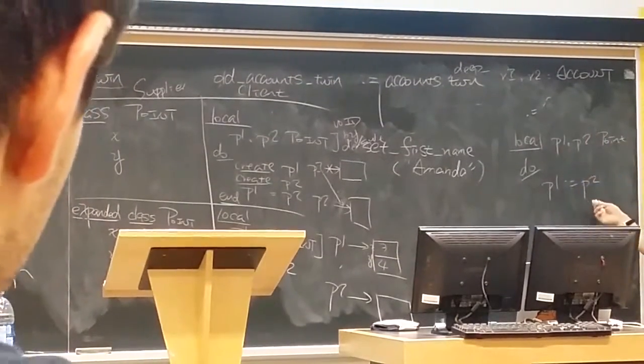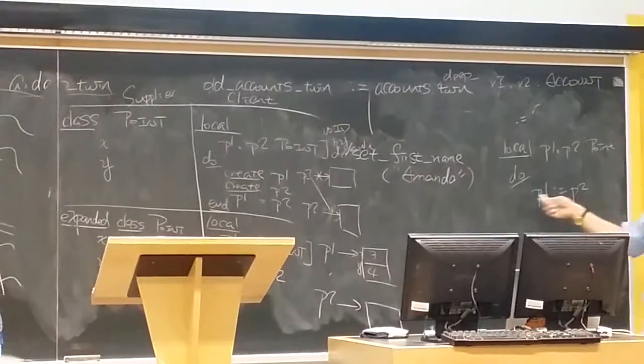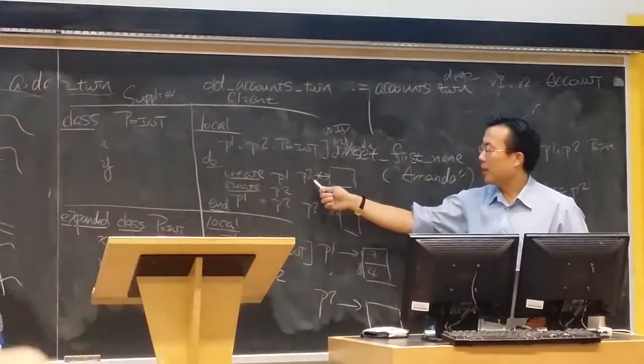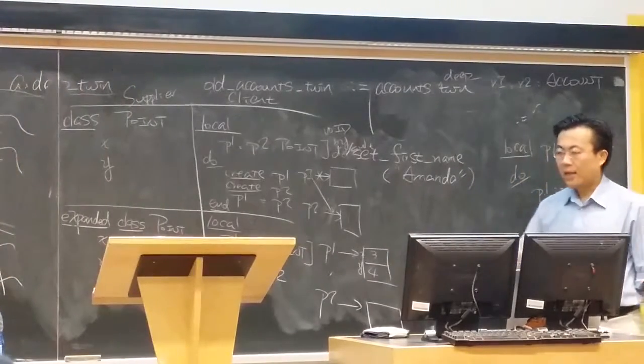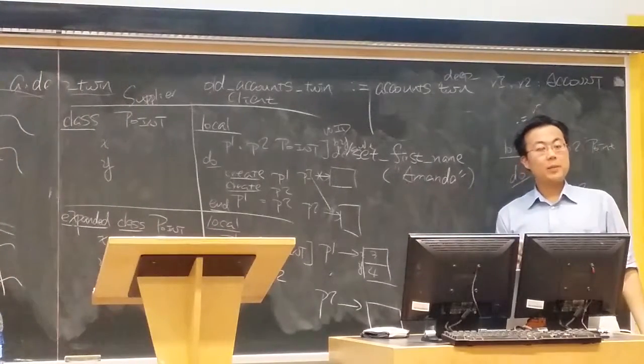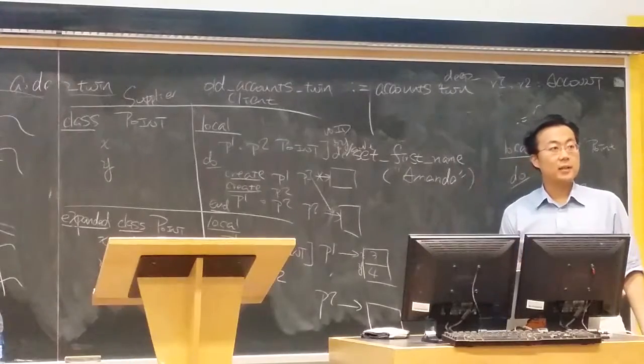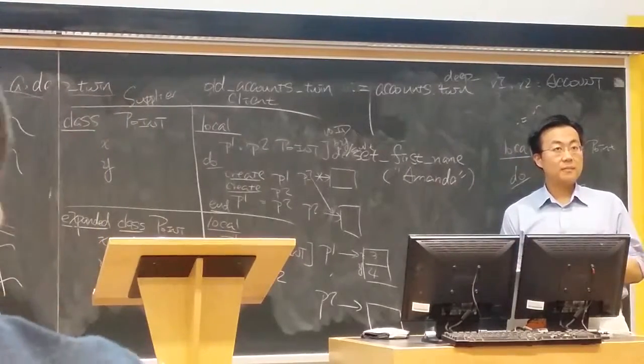If P1 and P2 are actually of reference types, it will simply be just reattaching the object to something else. But in the case of expanded types, you will simply be copying the contents from one to the other, but the references remain the same.